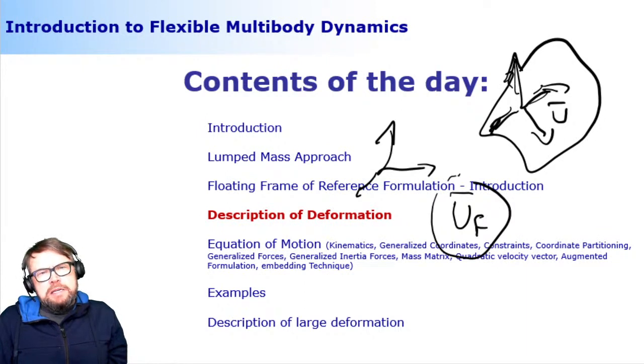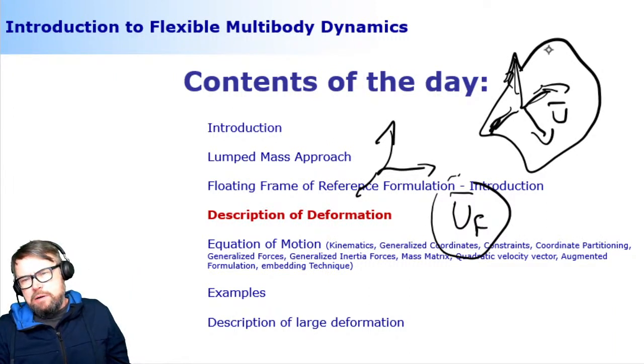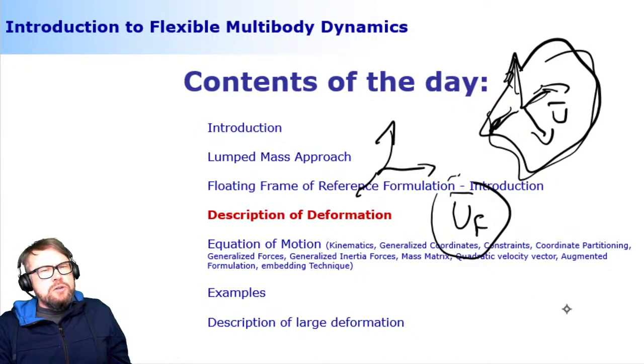We need to use something that is called discretization. And discretization means that this continuous volume that we looked at in the very beginning as a rigid body, we're just looking at certain points. And we're looking at how these points can move with respect to each other. And we have to limit ourselves to that.